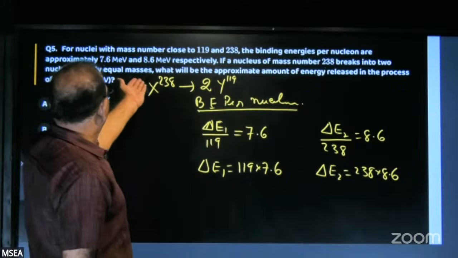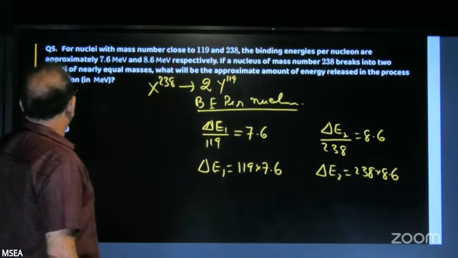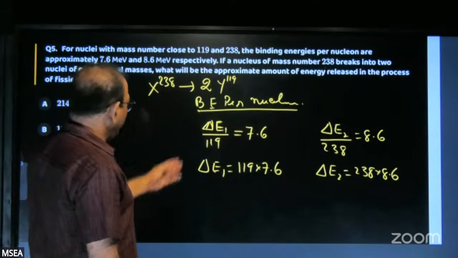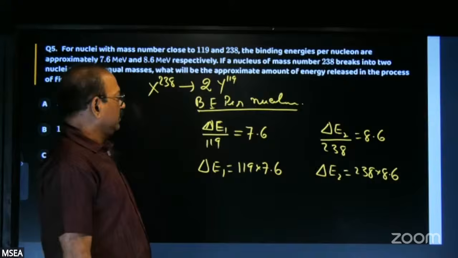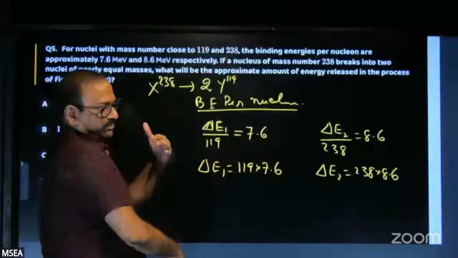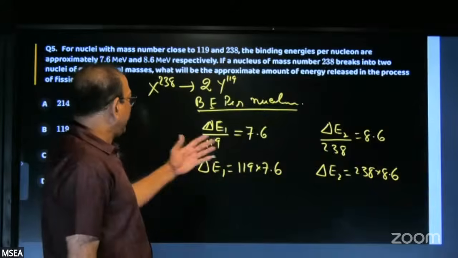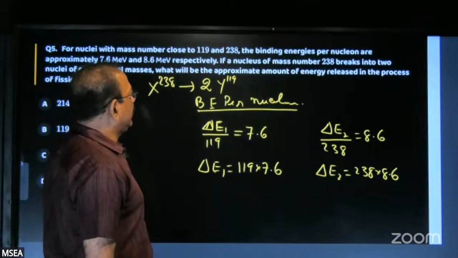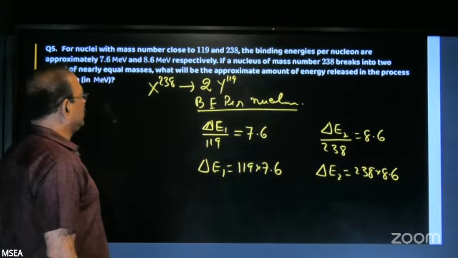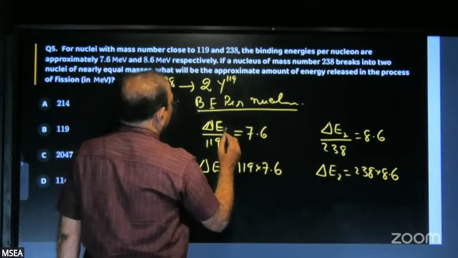Then he is asking, what is the approximate amount of energy released in the process of fission? Giving binding energies, he is asking. So find the binding energy of products and the binding energy of reactant. Binding energy of products minus binding energy of reactants, if you find, you will get the energy released in this reaction.